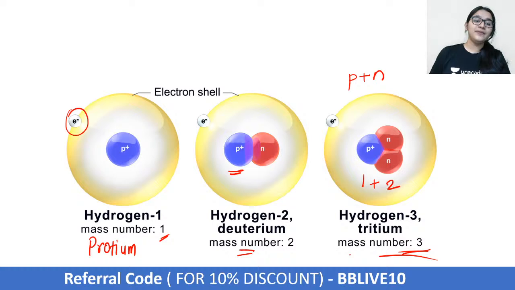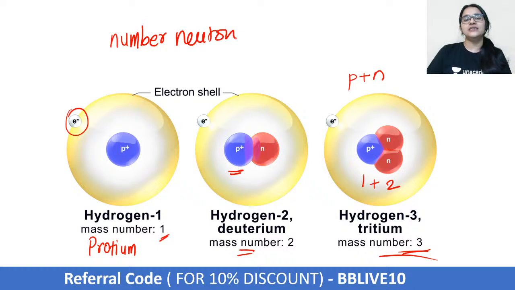It is the same element, but the number of neutrons is different. Understood? So they are going to have the same chemical properties, because the number of electrons is the same. What is changing? The mass number. Understood?